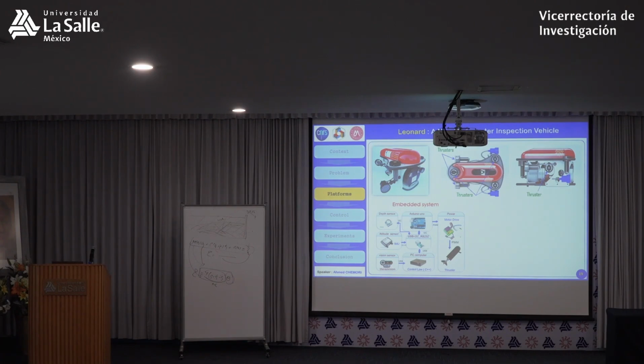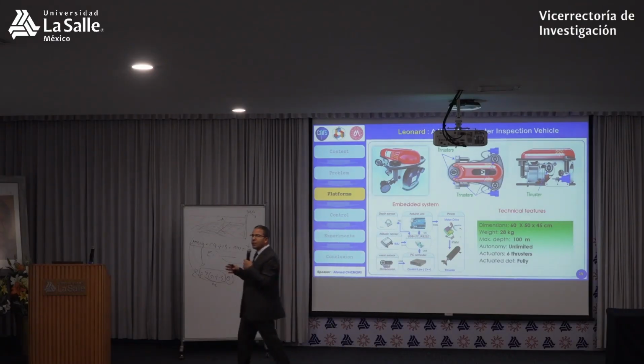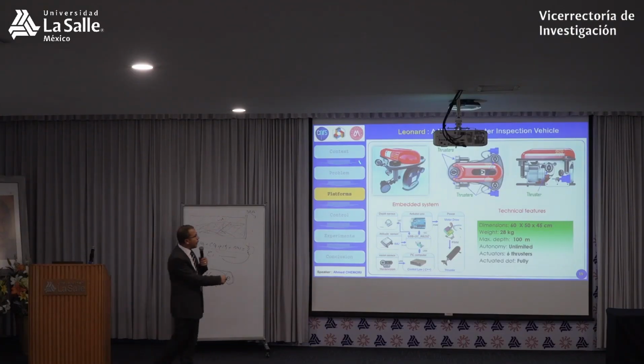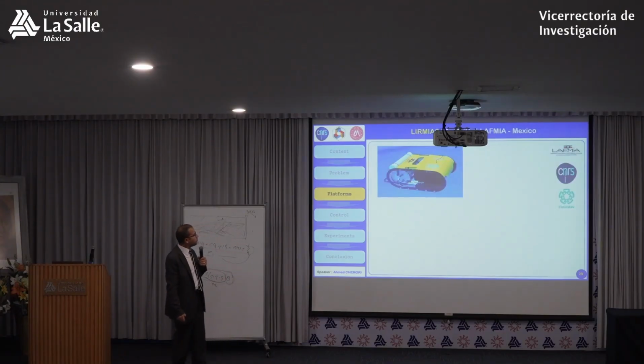So roll, pitch, yaw, and depth, 4 degrees of freedom can be measured, and X and Y are not measured. So this is the embedded system for the hardware, and some of the features of the vehicle. We did some experiments, and it was designed to go up to 100 meters of maximum depth.